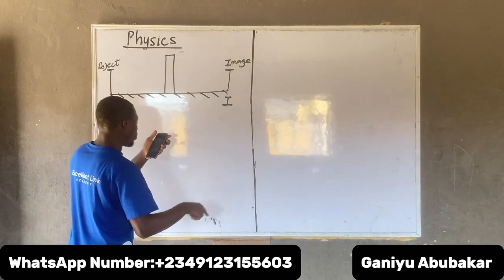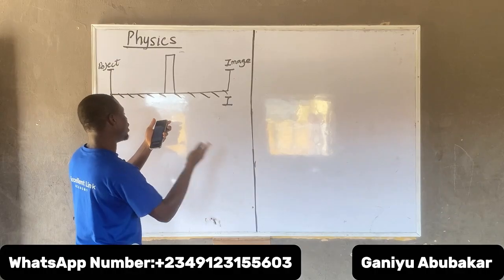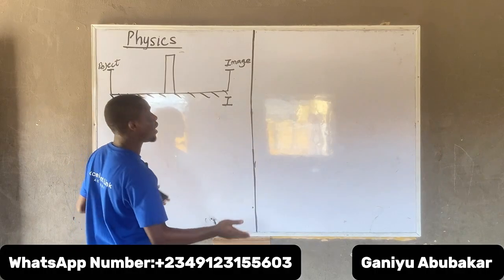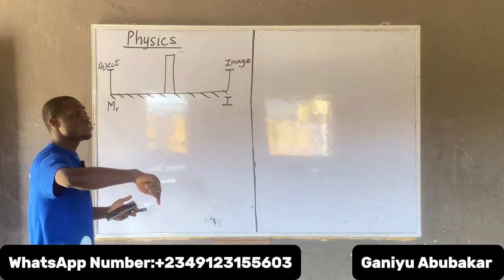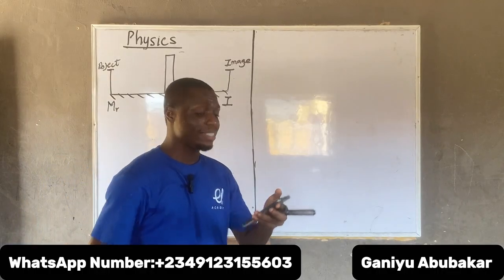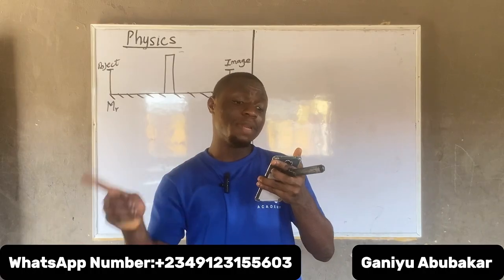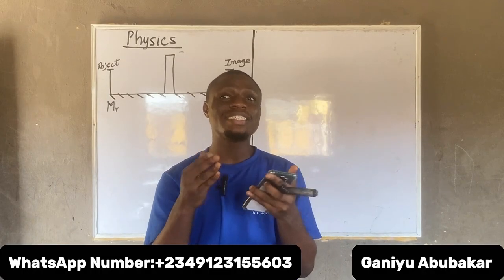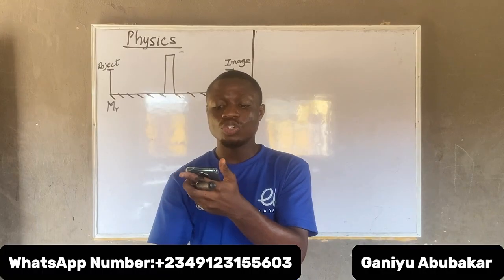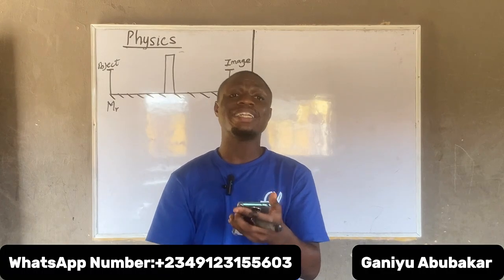Then I'm asking you that in his room, at what distance is the image from Wanland? So from here to here, what is the exact distance? One of the characteristics of a plane mirror is that the object is at equal distance from the mirror as the image.